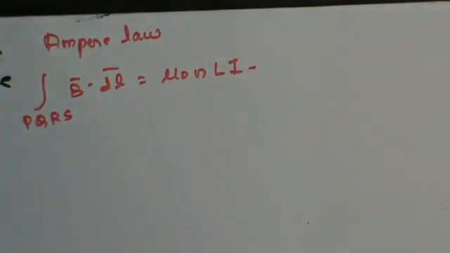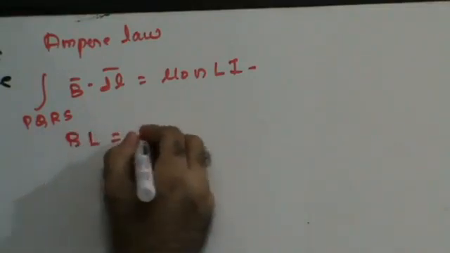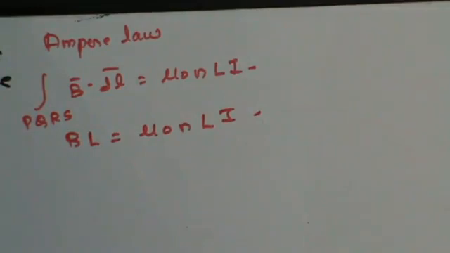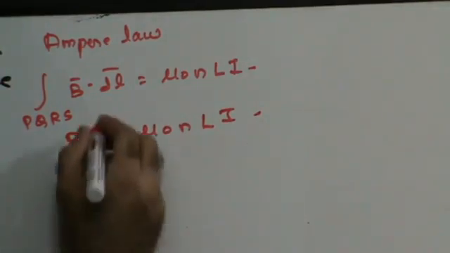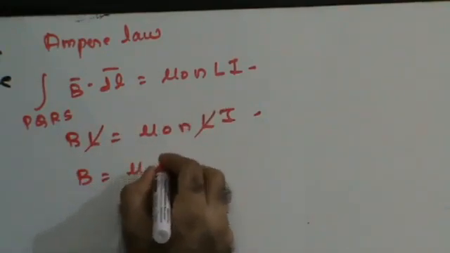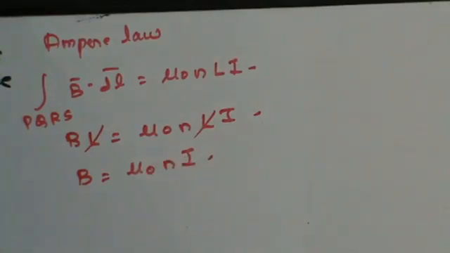This can be substituted as BL. So BL is mu 0 nI, right? So in which case L gets cancelled. You will get magnetic field in the solenoid is mu 0 n into I.